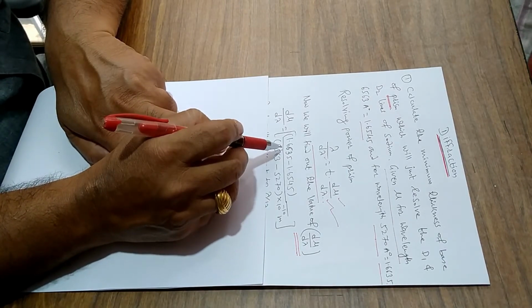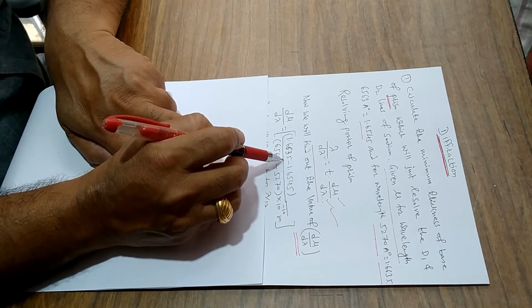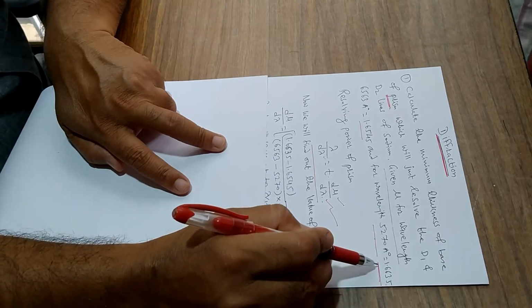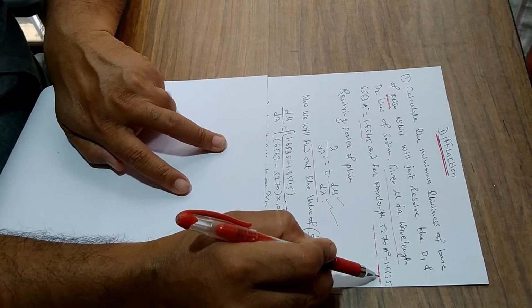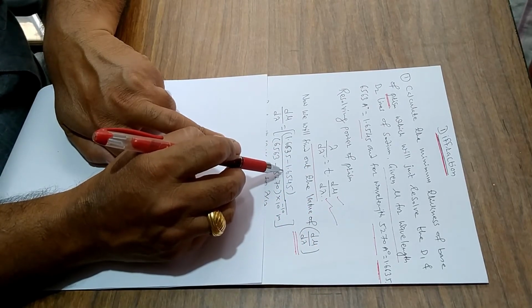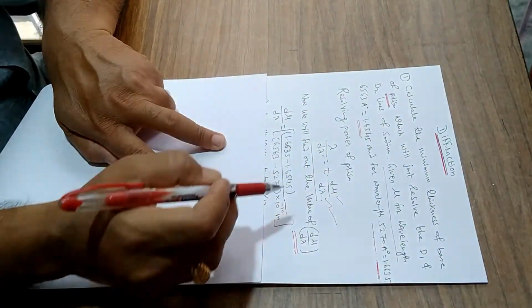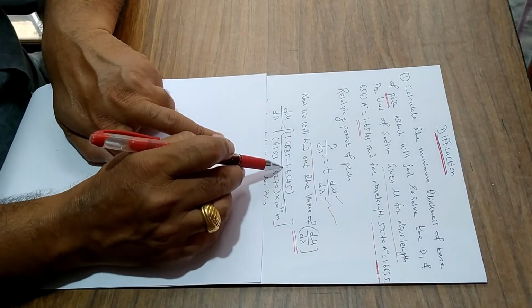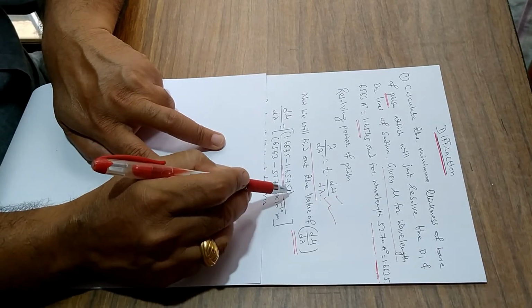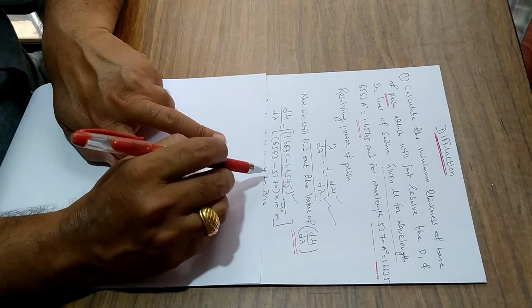Then see here, 1.6635, this much refractive index, and we have to subtract 1.6545, this much quantity, by which we will get d mu.